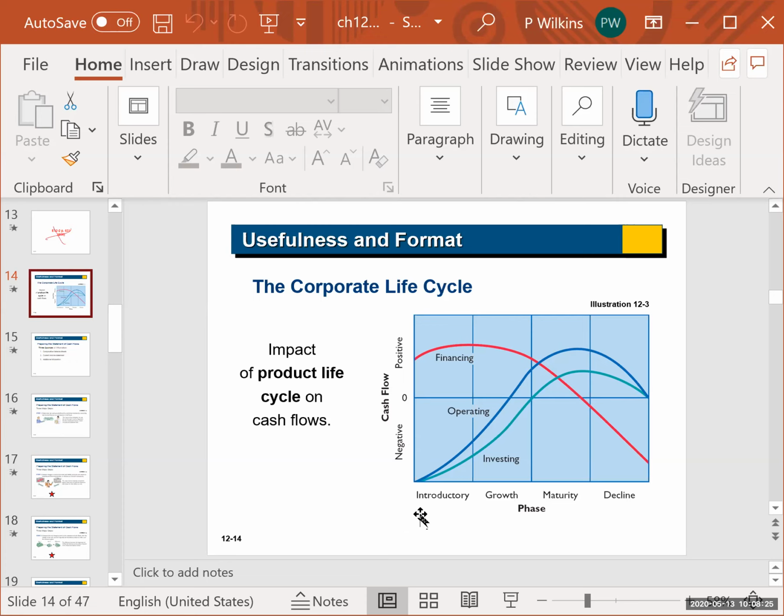What this is showing you is where the money comes from in an organization. When an organization is just introduced, most of their money comes from financing from outside the organization, and little comes from operating and investing. However, as the company grows, more and more money comes from operating and investing, and the financing starts to decline. So that's a little bit on the product life cycle.